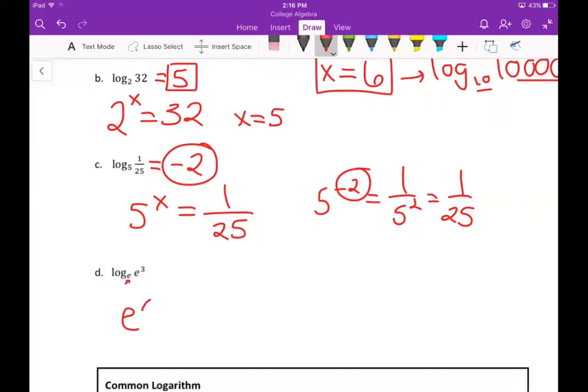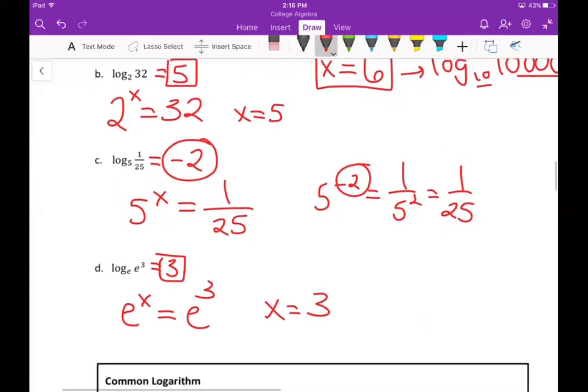And we want to know what exponent we need to take the base to in order to get what we're taking the logarithm of, which is e cubed. Well, right there, I need an exponent of 3 on e to get e cubed. So this answer here, log base e of e cubed, must be 3. You're looking for the exponent when you're asked about the log. A logarithm is an exponent.